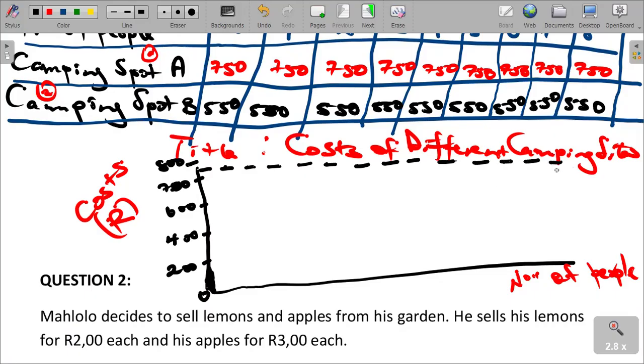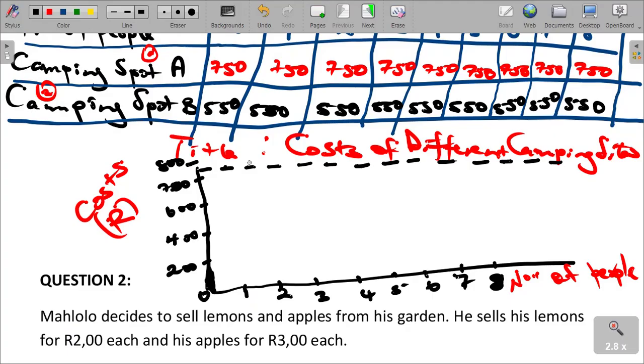It can go across. And our people, obviously, we have 1, 2, 3, 4, 5, 6, 7, 8.